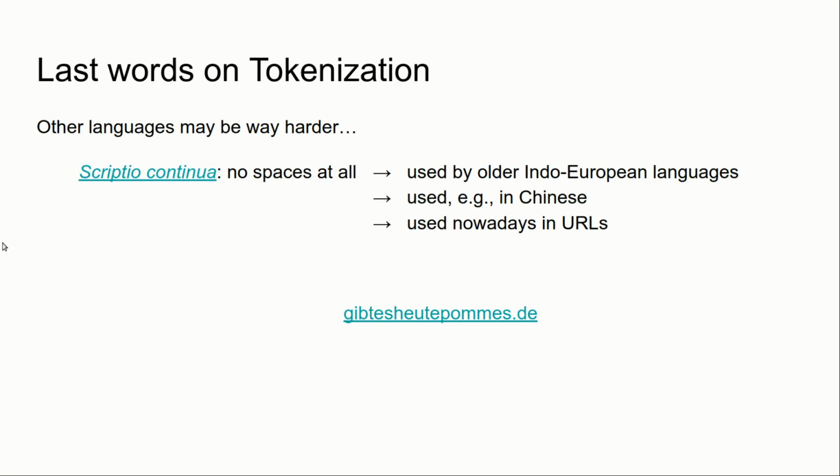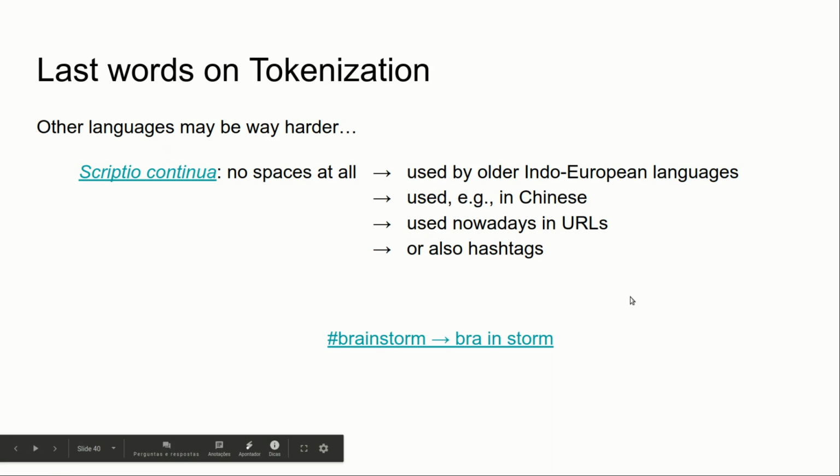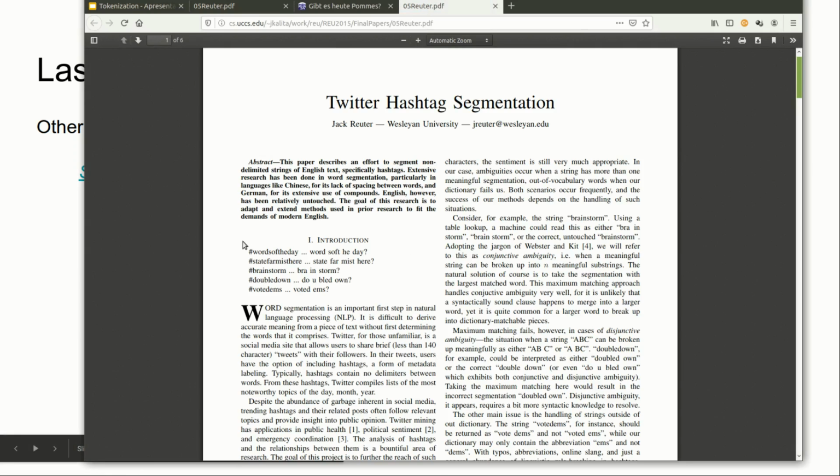Apart from URLs, the scriptio continua has also seen some use in hashtags. Here I just wanted to give an example from a certain paper that I happened to read just before I was preparing these materials, where the model that they were using tried to convert brainstorm into bra and storm.